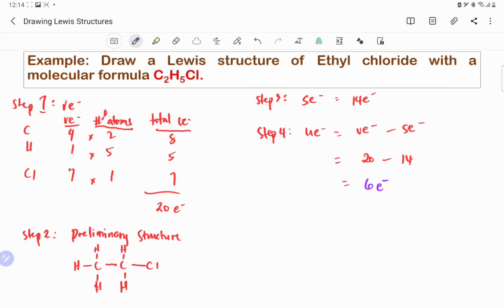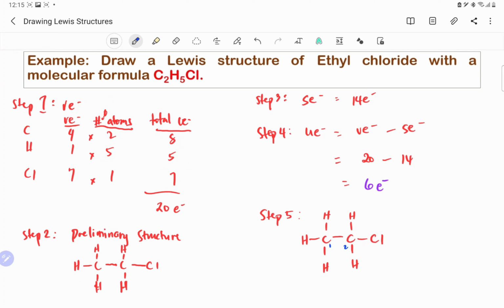Okay, so step 5, you need to draw the Lewis structure by distributing these 6 electrons. I will draw the preliminary structure again. I label this as 1 and 2.